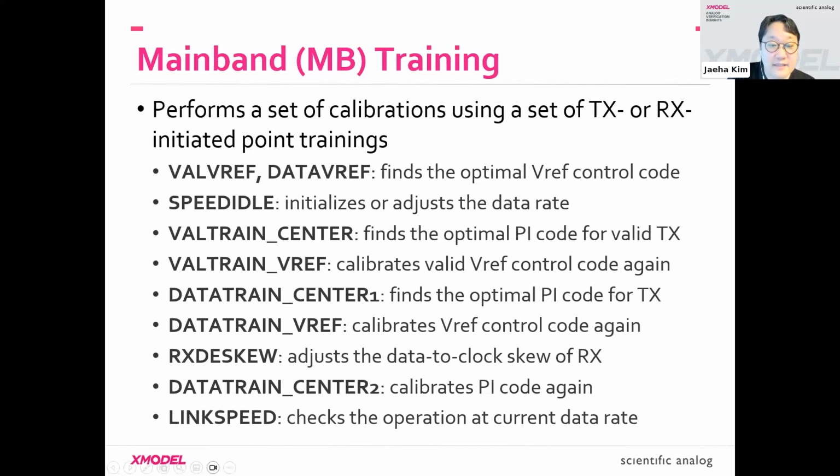But if it says fail, then it goes back to the speed idle state and will downshift the data rate and go through these training steps again, to see if it can work at the next lower data rate. And it will continue until the result becomes successful.